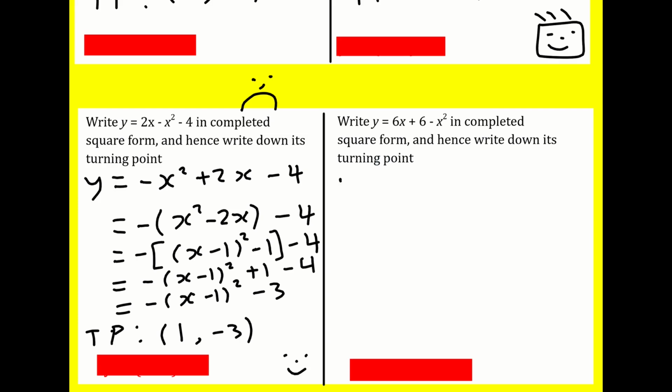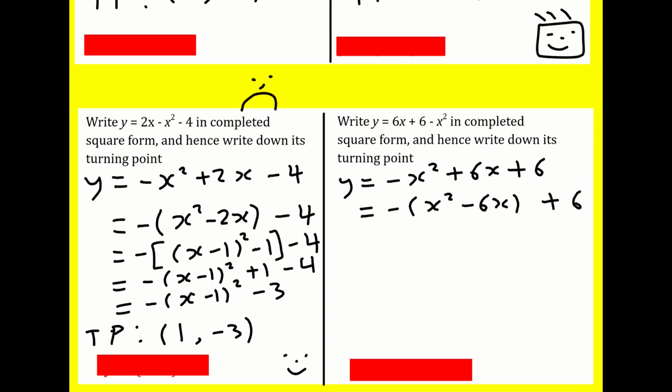So this next one I'm going to deal with in exactly the same way. Write it out like this first. Factorize the minus out. Just turn it into something that we know how to deal with. You don't have to use a square bracket.